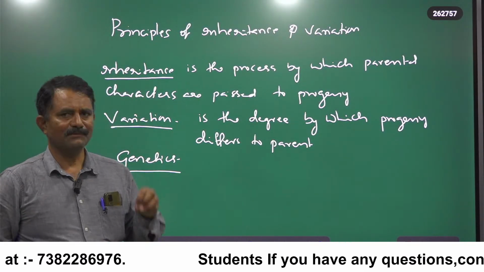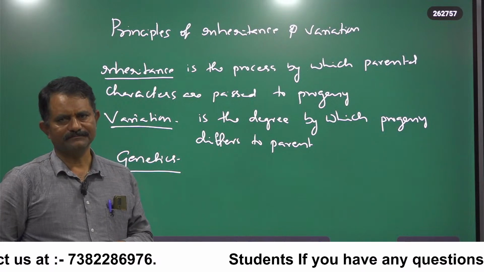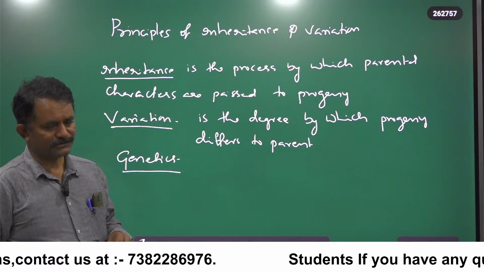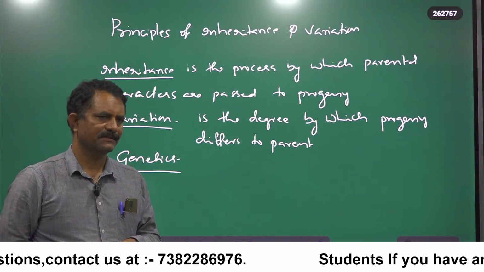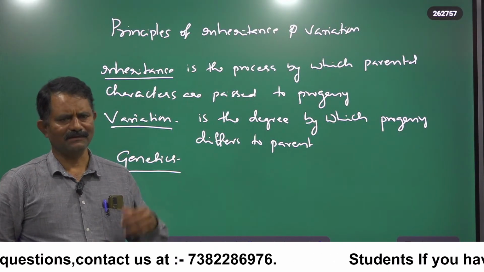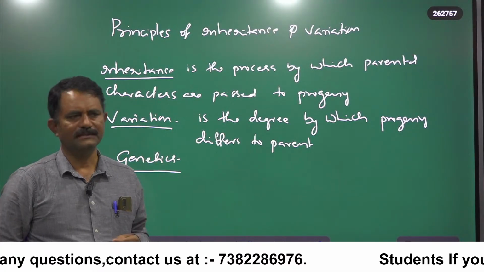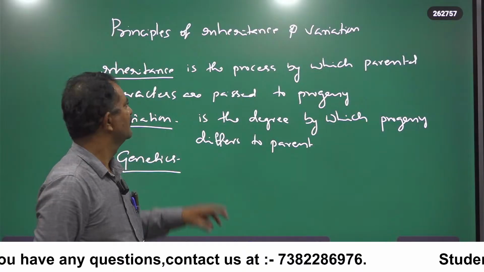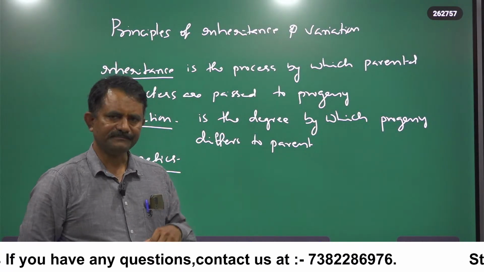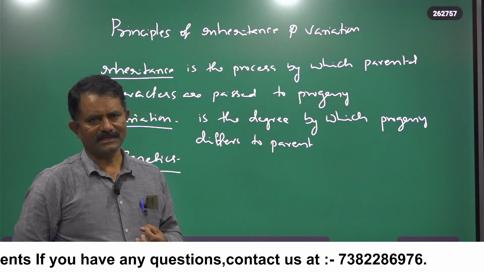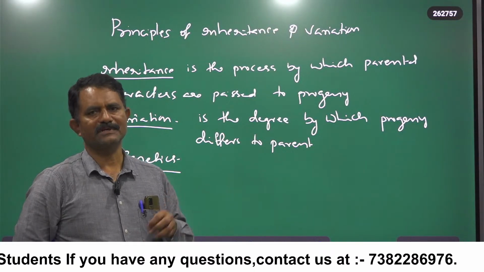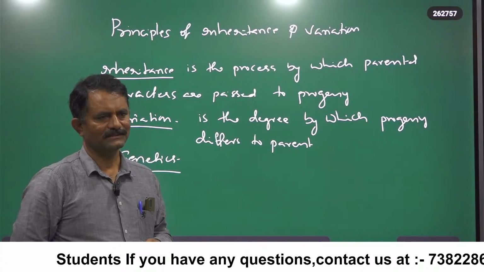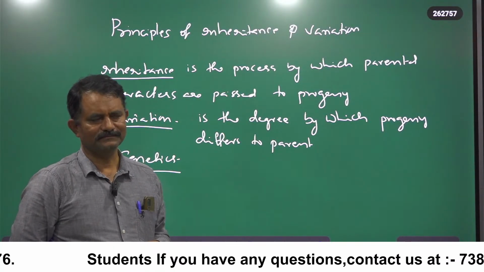Inheritance is something passed from parent to progeny. That is why every species, whether plant or animal, gives birth to the same species. As well, the progeny is not always exactly similar to the parent.